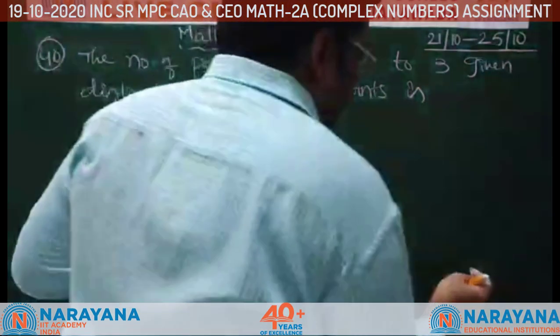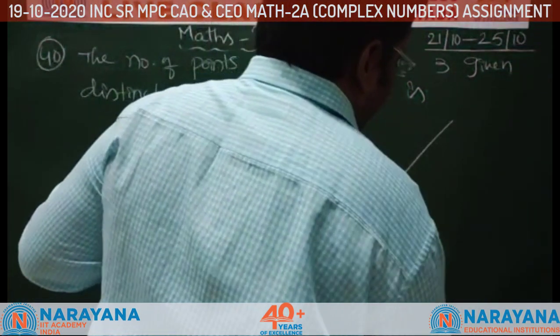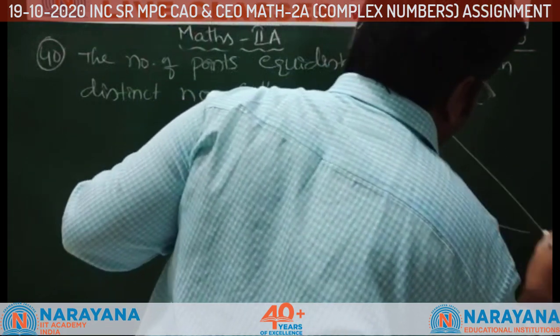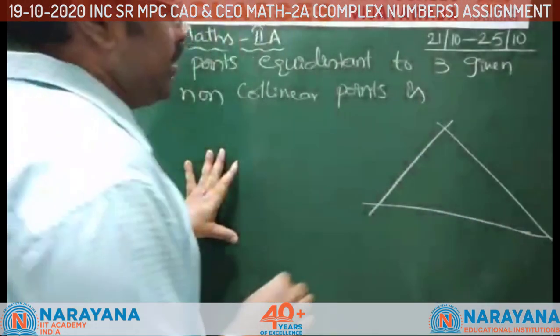So, from the three distinct non-collinear points, we can form a triangle.